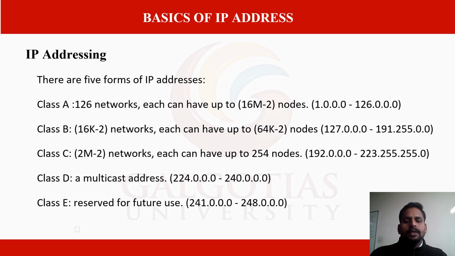They say that up to 254 nodes we can make, because in class C the subnet mask value is 255.255.255.0. In the last place we have a 0, and in the previous class I told you that no network can contain fully 0 or fully 1. So it will be from 1 to 254 only. That's what they are telling: class C can have up to 254 nodes.